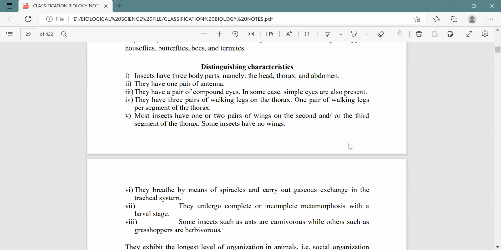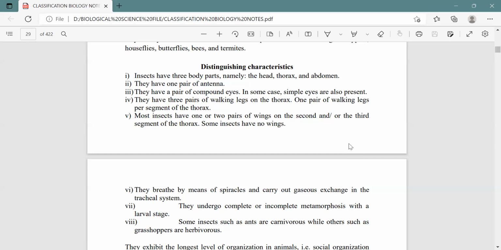Get a pen and look for another class like class Arachnida, and look out for the similarities between the two classes, class Insecta and class Arachnida. Look out for the differences between them, which are very obvious here.